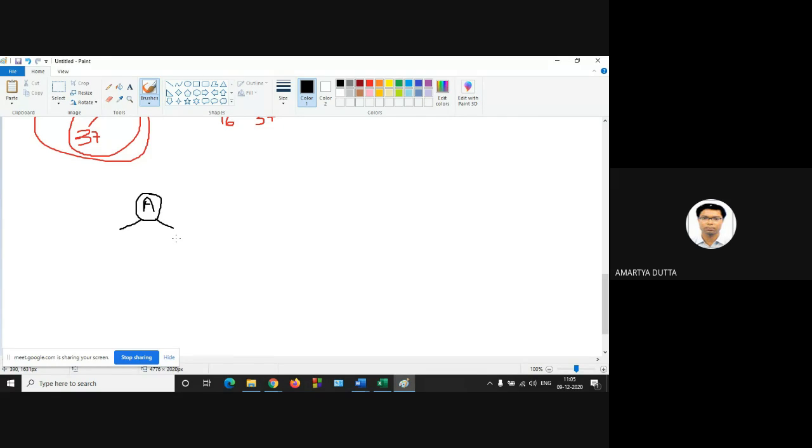The left subtree of the right subtree. Let this be your B. Let this be your C. From C you get CL and CR. This is CL and this is your CR. Let this be BR, the right child of B, and let this be your AL.